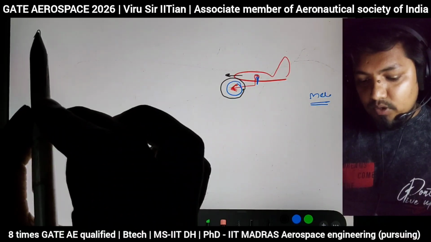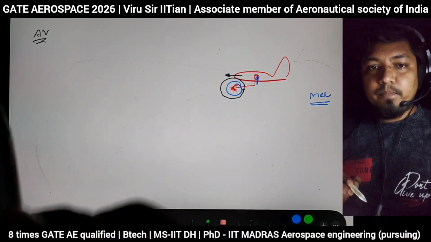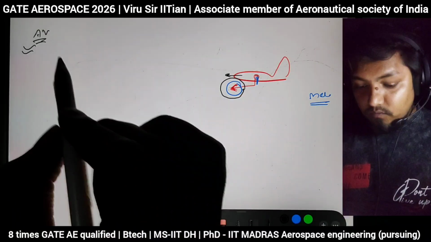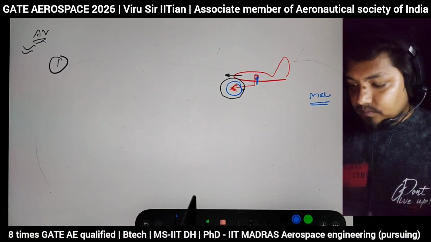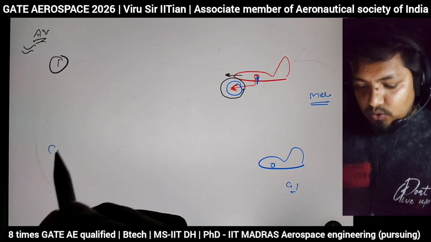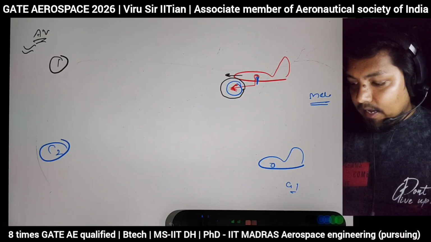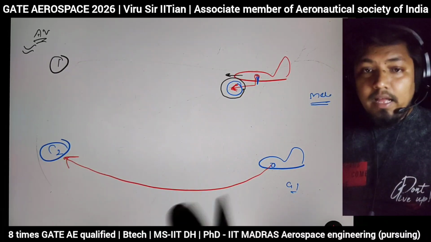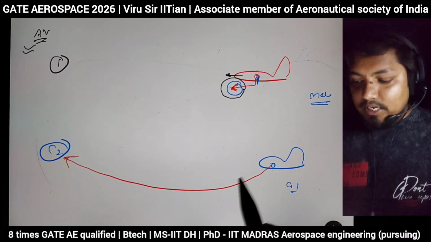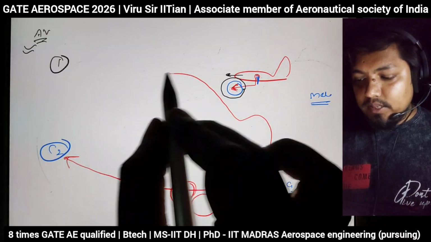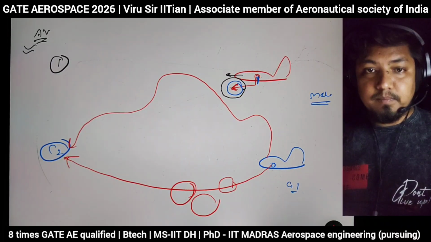And average speed gives you an idea about many things. One very important thing I will tell you. Suppose this aircraft has to travel from city 1 to city 2, and today it follows this path, and the next day the satellite tells you that in this path you have many clouds and the weather condition is not good, so you follow some other path and reach here.